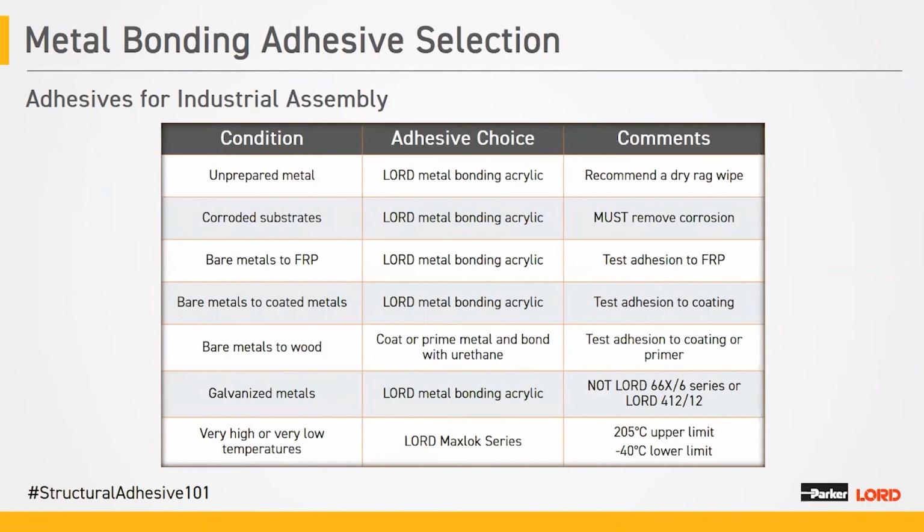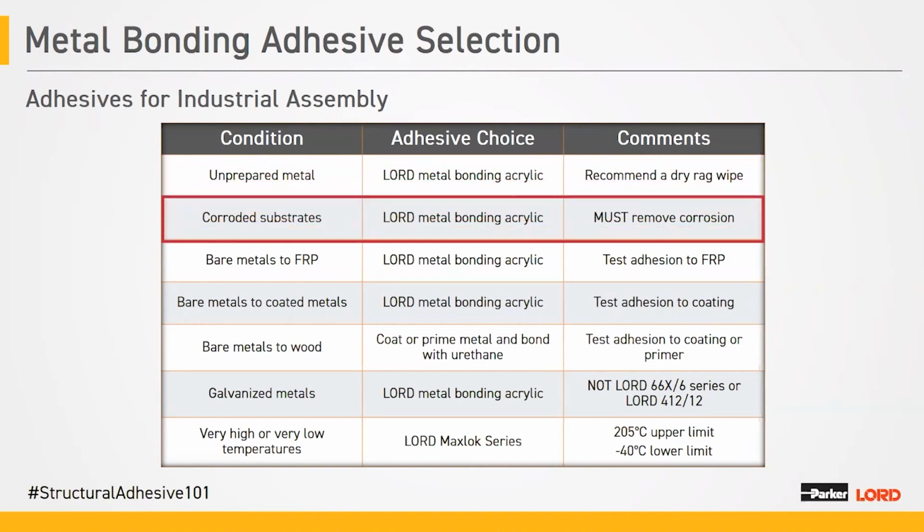So just a basic idea on how to select a metal bonding adhesive with this slide. We want to talk about that just a little bit. The condition of the material that we're starting with, where we would choose which adhesive, and then maybe some comments on it. So unprepared metal, for the basic as received metals materials, we select the metal bonding acrylic. That's primarily what we're going to do with all of these. Whether it's corroded, then we would ask that the corrosion be removed.